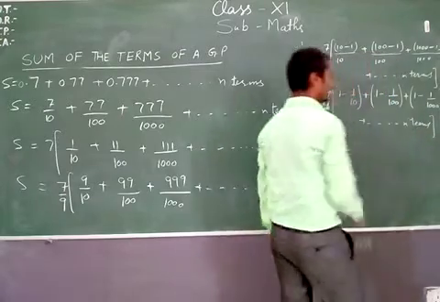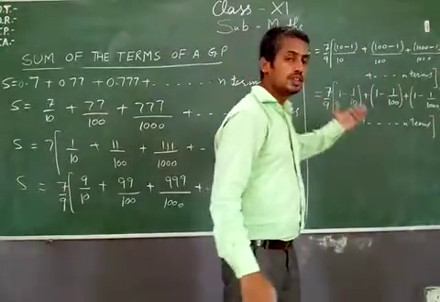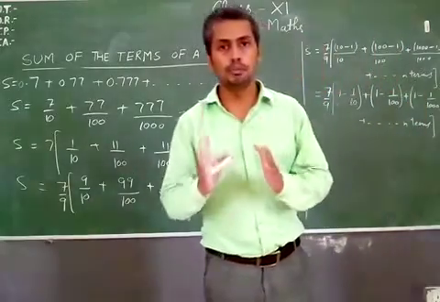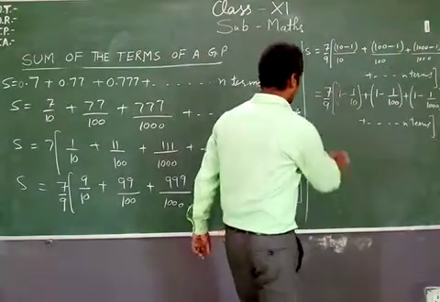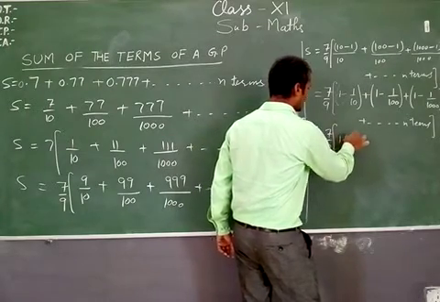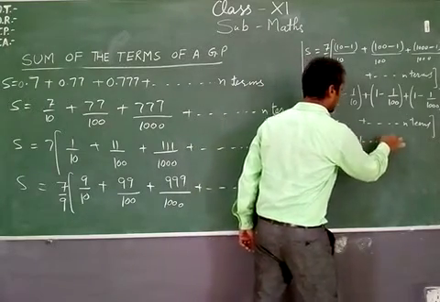Taking the first part from the sequence, we can make a GP: 7 by 9 into 1 plus 1 plus 1 up to n terms.